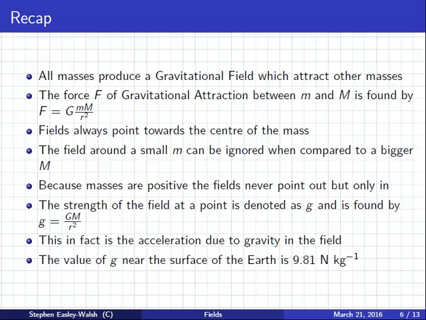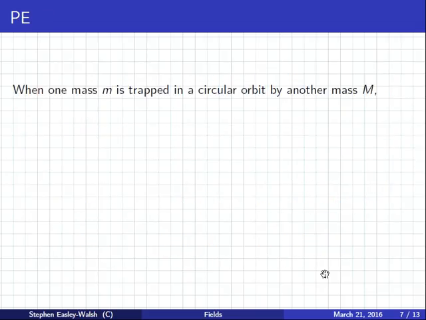It was difficult. Okay, so when one mass m is trapped by another mass, then it will have what potential energy? Positive, negative, or zero? Negative. If it's trapped. Negative. You all know this now, I hope. What's trapped? Who can explain trapped for her?